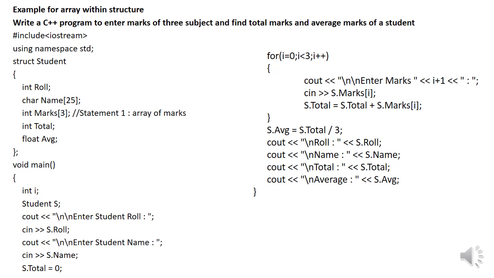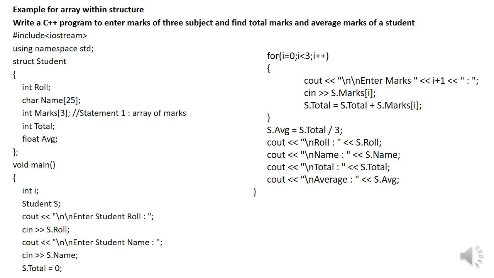Each time these marks will be added to the total. Then the third subject mark will be accepted like s.marks[2]. Then outside the loop we will get the total in the s.total variable. Then we will calculate the average, s.average equal to s.total by 3.